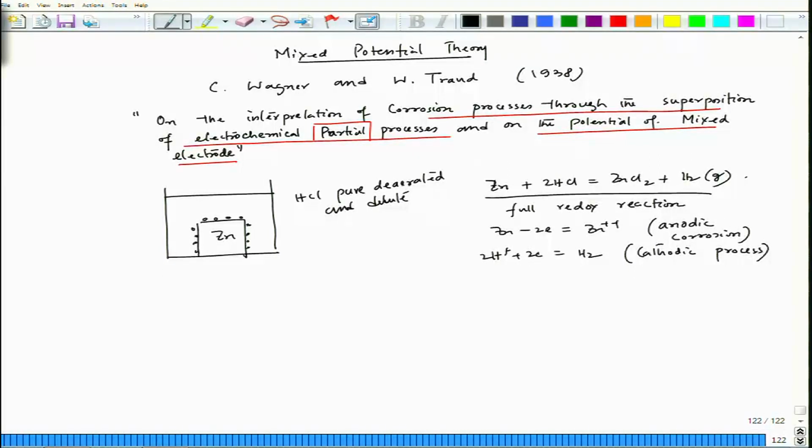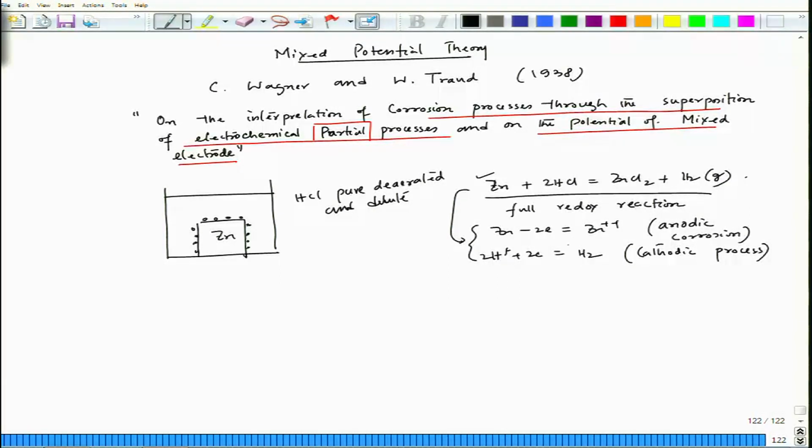So, that means the first statement, which says the corrosion process through the superposition of electrochemical partial processes. Now, you see that this one full redox reaction has been broken into two partial reactions. One is oxidation, another is reduction.